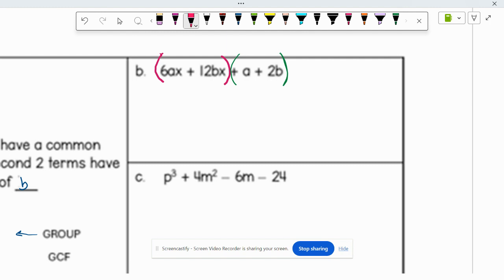Let's see. What is the greatest number that I can take out of 6ax and 12bx? Just the greatest number. 6. They're both divisible by 6. What is the greatest variable power that I can take out of both? X. Yeah, x to the first power. Good job. Okay. Let's look at our second grouping.